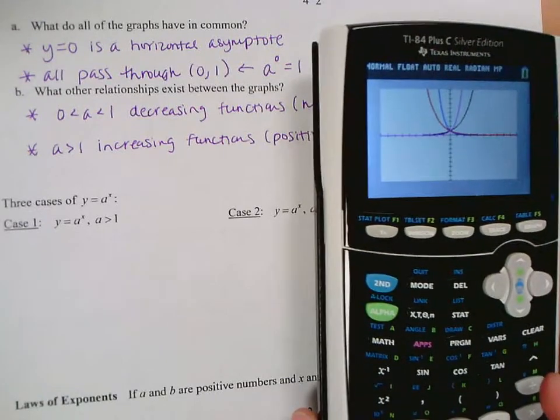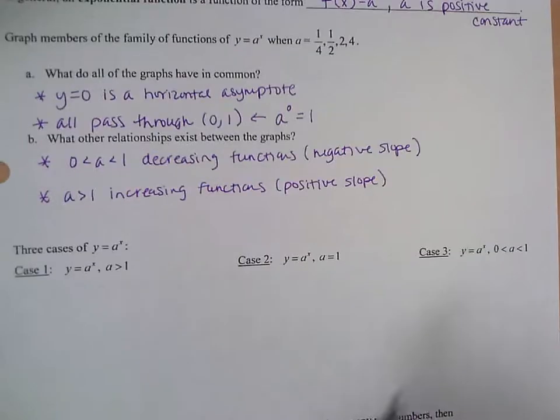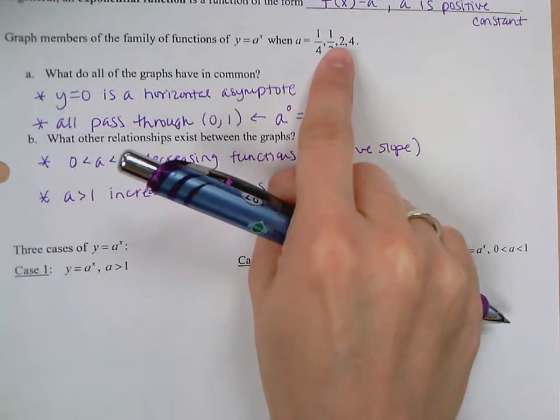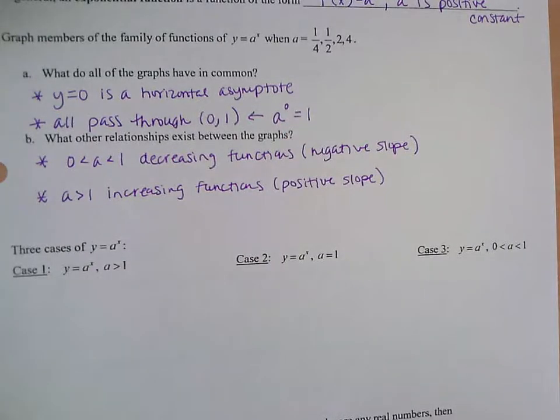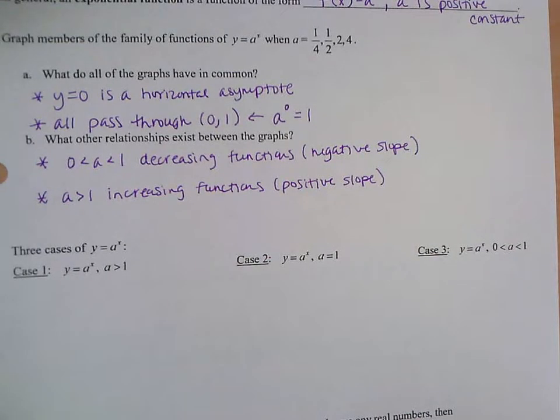Okay, so there are two pairs of symmetric curves. Y equals 2 to the x and 1/2 to the x are symmetric. They're just reflected over the y-axis, and then 4 to the x and 1/4 to the x are also reflected.